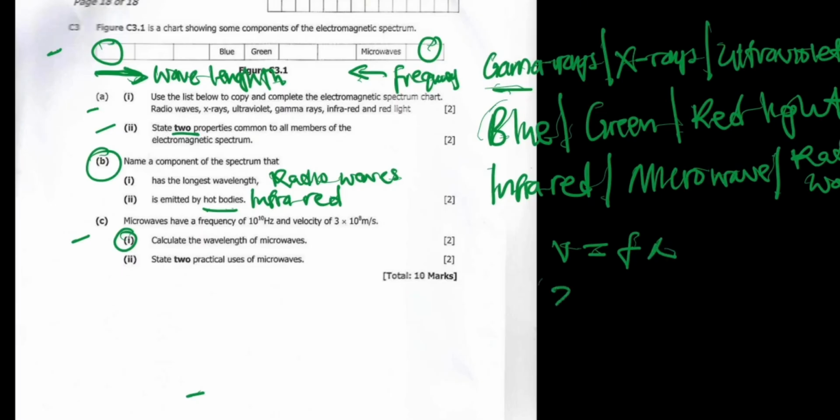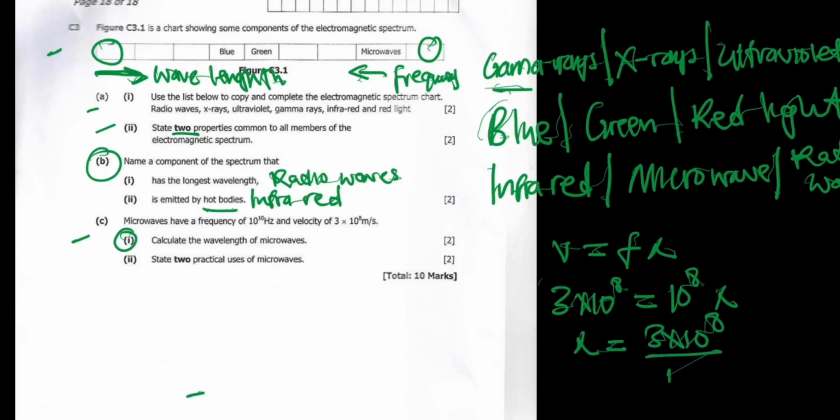In this case, the speed is 3 times 10 to the power 8, which is equal to the frequency, 10 to the power 10, times the wavelength. So the wavelength is going to be 3 times 10 to the power 8 over 10 to the power 10, which is actually 3 centimeters, but in meters you can write it as 0.03 meters. So that is the wavelength of microwaves.